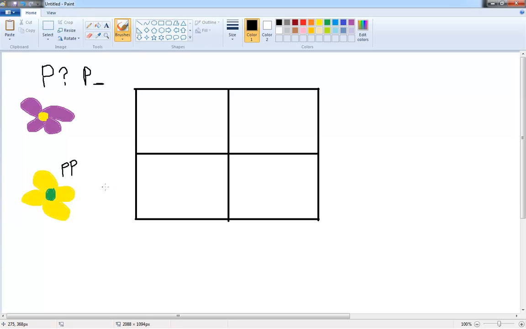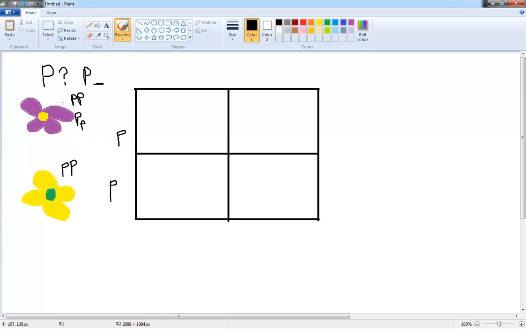Okay, if this is a little p and this is a little p, so we know every time that we cross this with a yellow flowered pea plant, it's going to have a little p. If our two options then for this pea plant are, it can either be big P, big P, or big P, little p.